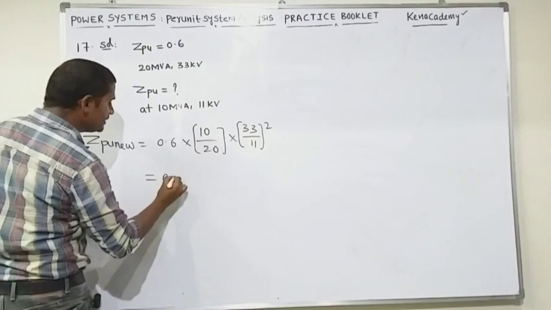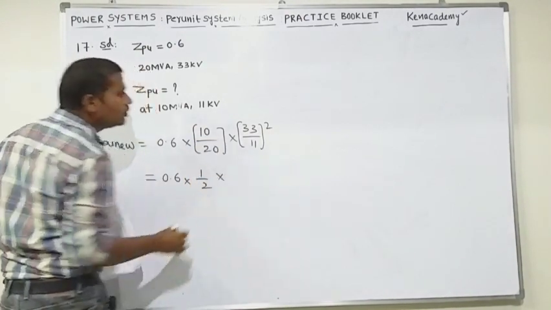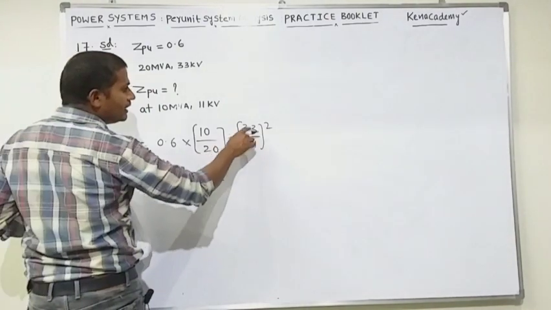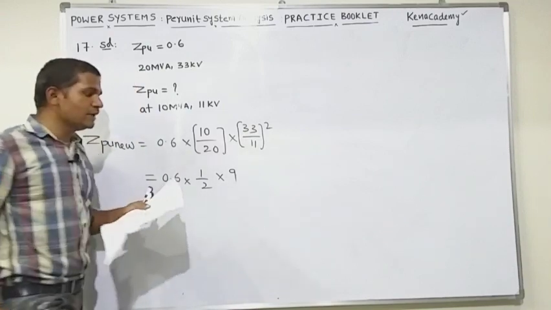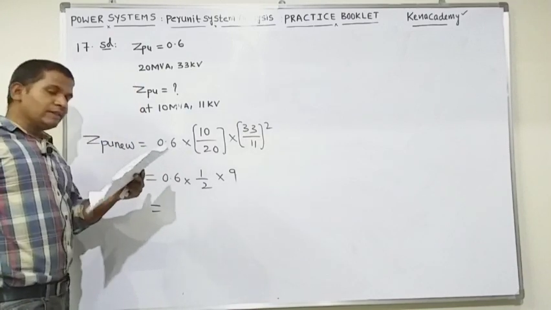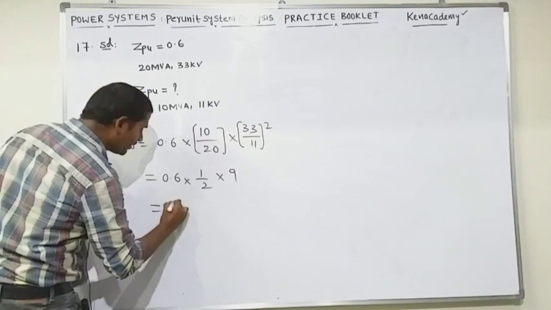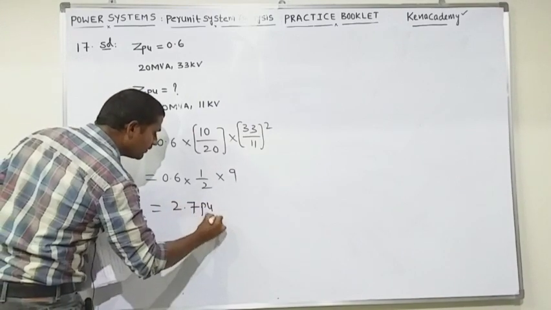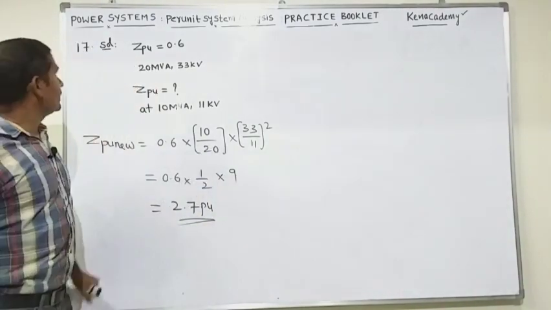So 0.6 into 10 by 20, that is 1 by 2, and 33 by 11 is 3, squared is 9. Then we get 0.6 into 4.5, which is 2.7 per unit. According to the given options, option B is correct.